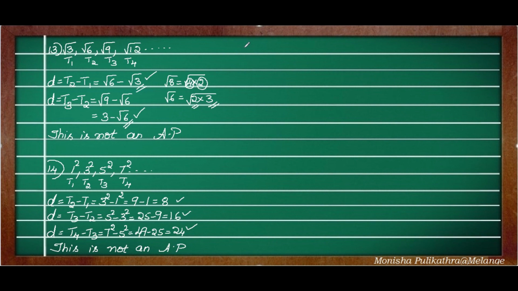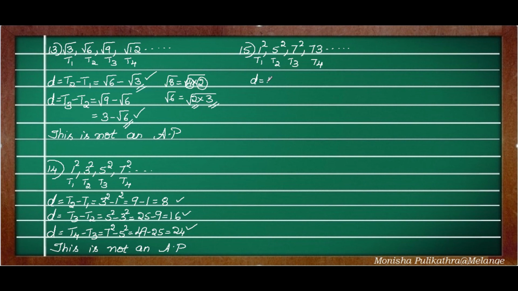Moving on to the last problem of this section, the 15th one is the last problem of the fourth question in exercise 1.1. The 15th question is 1 square, 5 square, 7 square and 73. So this is the sequence T1, T2, T3 and T4. First find out the common difference.